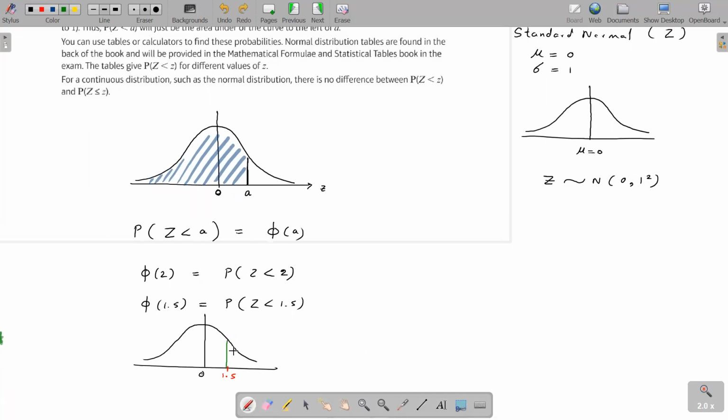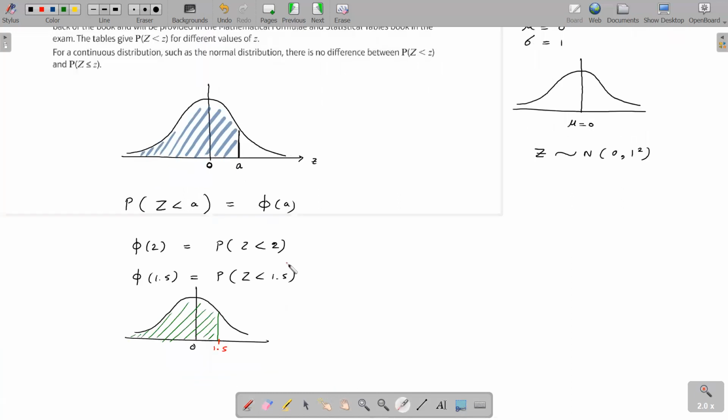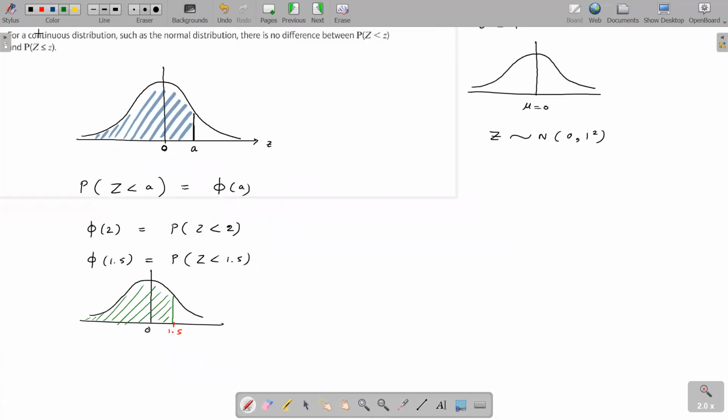Z less than 1.5 means we are referring to this set. This is the probability we are talking about. A similar diagram can be drawn for this as well. So if I say phi minus 0.5, what does it mean?